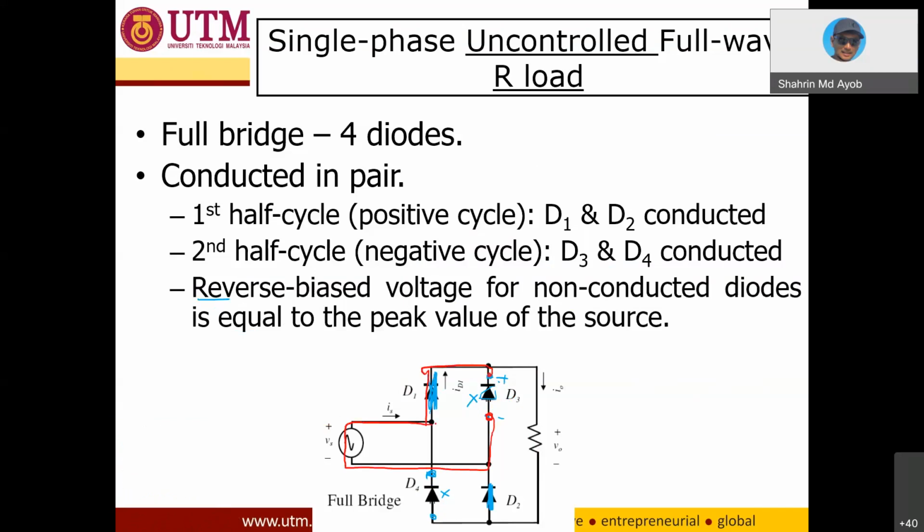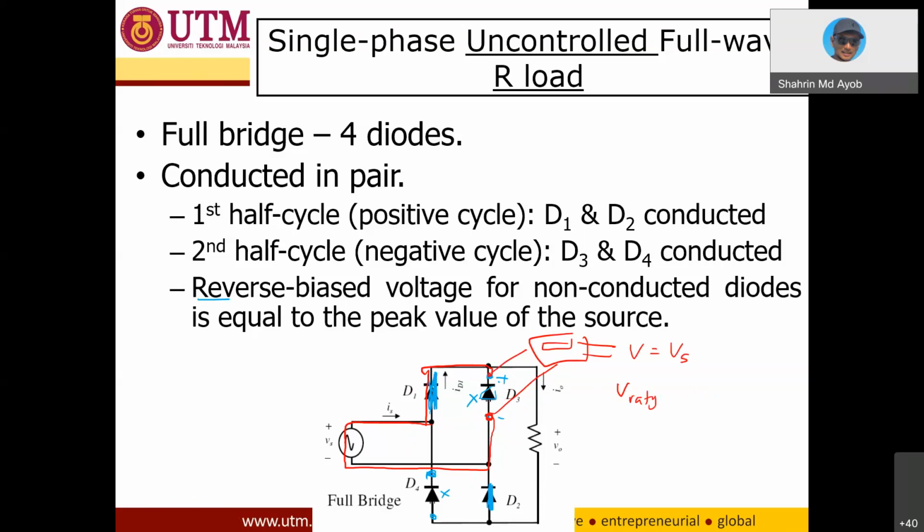Okay, this is how we determine the V rating. Right now, if you put your multimeter here, you will see that it gives you the voltage equal to your Vs, right? So this one is your V rating.